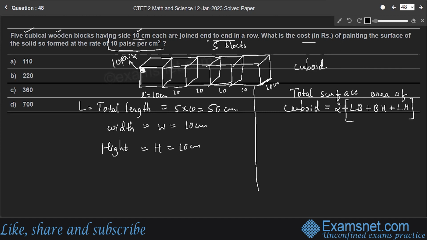Right? The formula. Therefore, total surface area of the cuboid is equal to 2 times, here the length is 50, into breadth is 10, plus breadth is 10 into height is also 10, plus length into height, 50 into height, again it is 10.